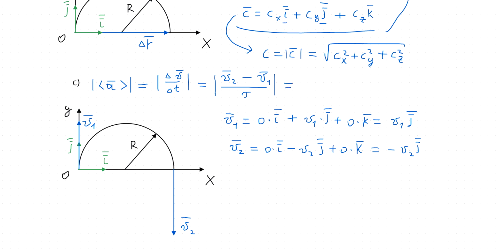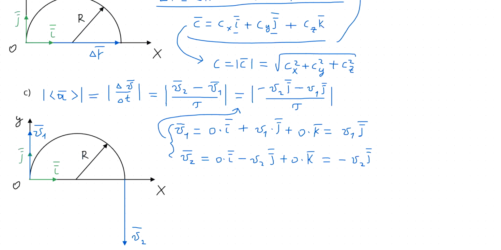And let's substitute these values here. So it will be minus v2 j minus v1 j, divided by tau.